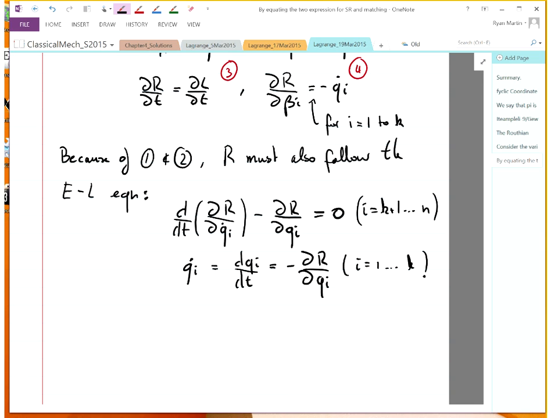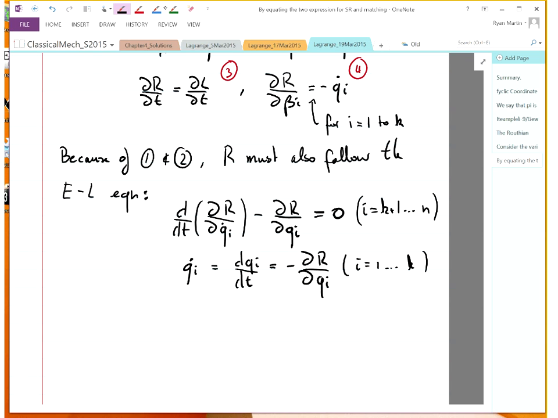So have we really succeeded in what we're trying to do? We're trying to arrive at a new description that does not involve the cyclic coordinates. So we want to get rid of the cyclic coordinates and we want something that's very easy to solve. So we write the Lagrangian so that the cyclic coordinates are the ones that we label with the first k indices.